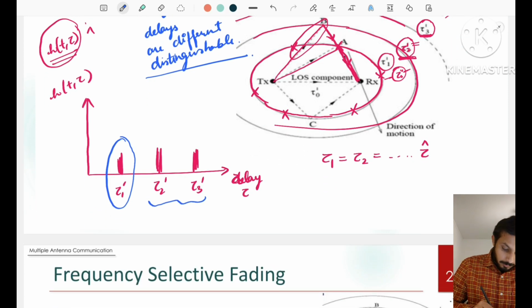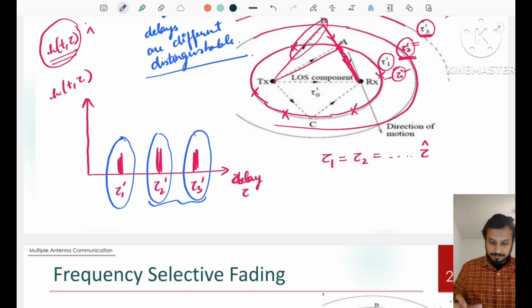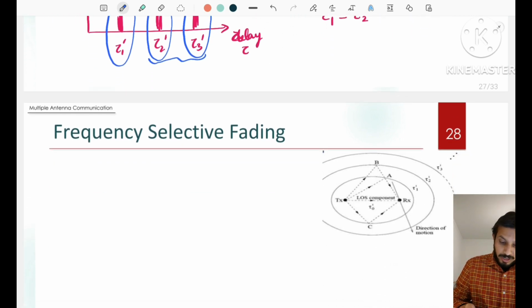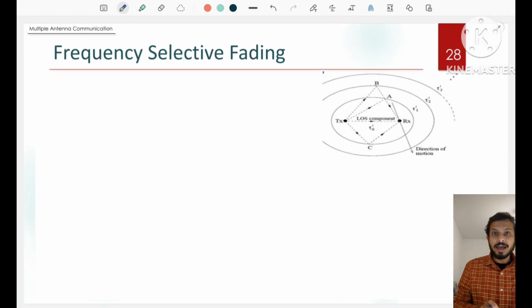So what we have studied for flat fading also applies to frequency selective fading, but the only thing is that we have to repeat it at different delays. So this is the fundamental difference between flat fading and frequency selective fading.